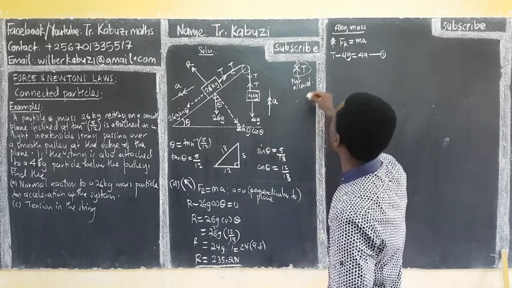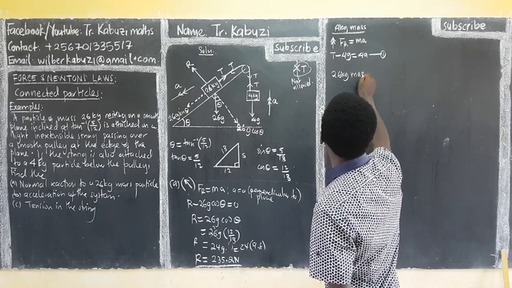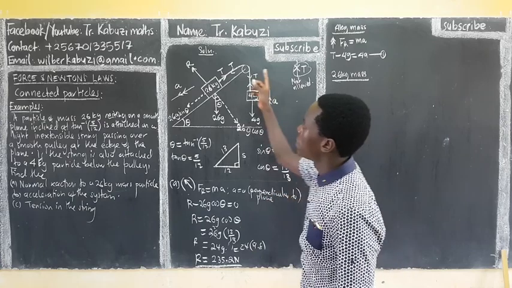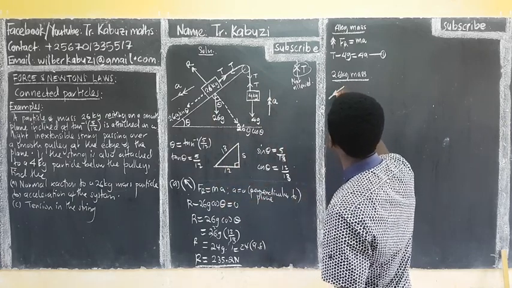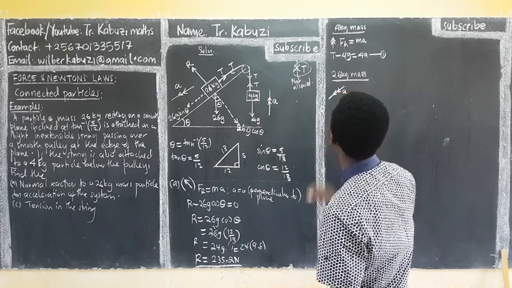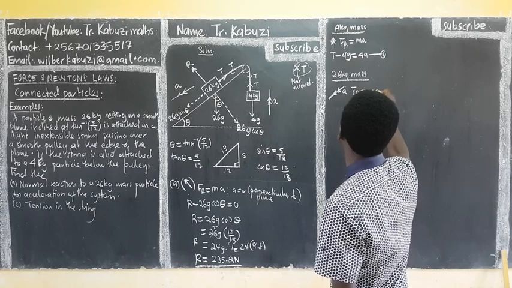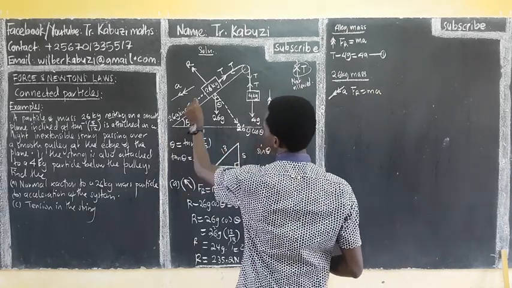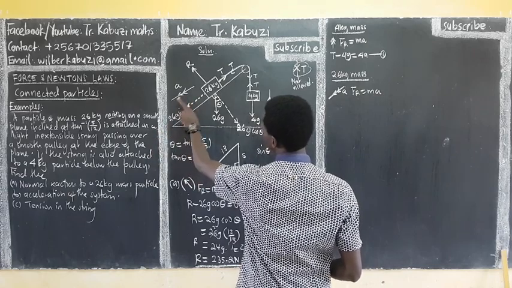Okay, when you come to the 26 kilogram mass, the acceleration is like this. Our acceleration is going to be in this direction. So F_R equals MA, and my resultant is going to be the force that is pulling in this direction.